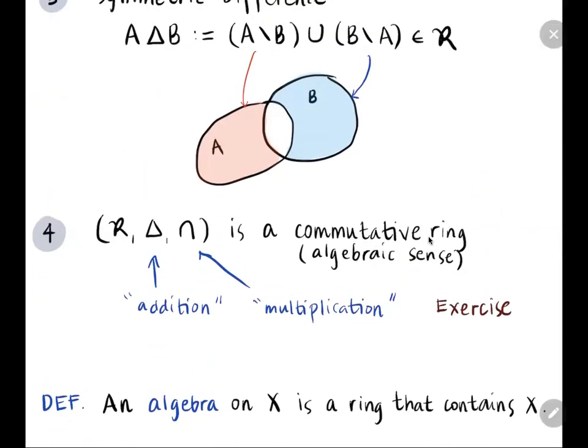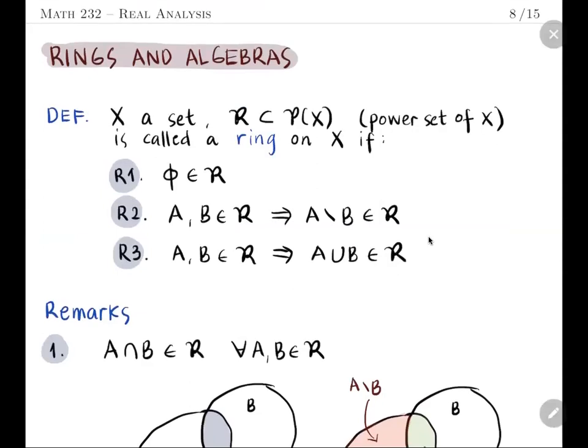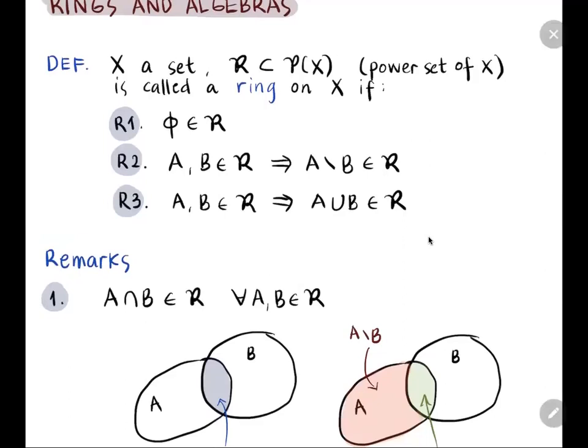So to prove that a collection of sets is an algebra, well, the first definition would be to prove that it is a ring. In other words, you want to verify these three properties, R1, R2, R3, and then show that X must be in the collection.